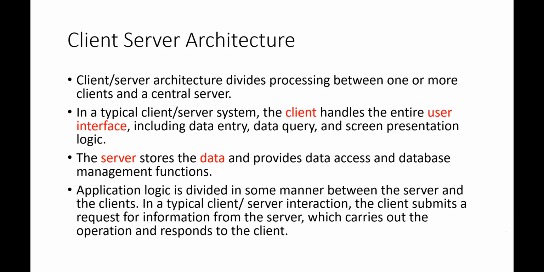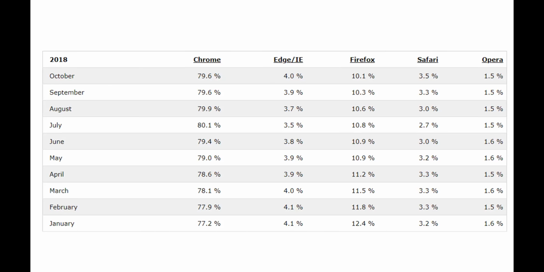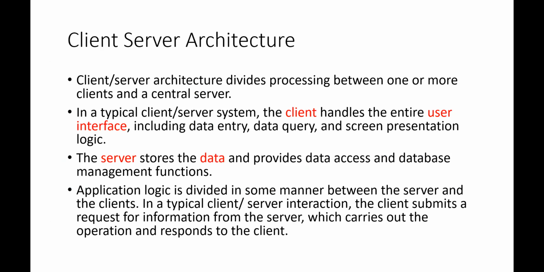So things were changing, and not everyone is using the same browser. So we have to make sure that when you're presenting information using different browsers, the look should be the same, right? So there are things that we need to think about.